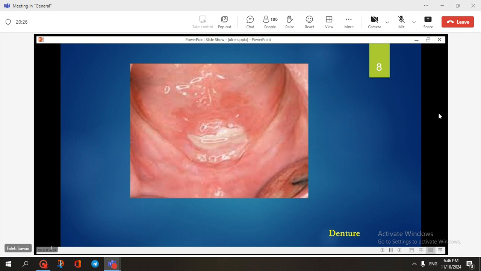So patients who have old dentures sometimes present to your clinic with ulcers at the periphery of the denture because of the resorption of the alveolar ridge.